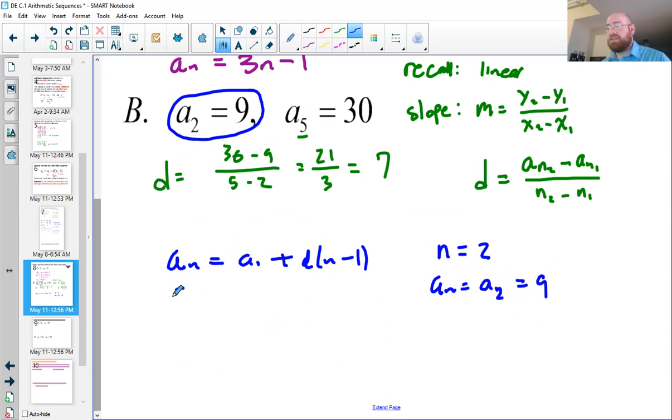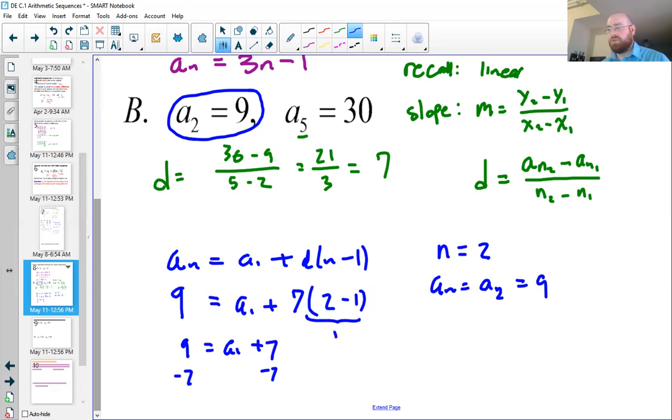So I can plug in 9 on the left side, 7 here for D, and 2 for n. So 2 minus 1 is just 1. So we have 9 equals A1 plus 7. If I subtract 7 from both sides, I get 2 is equal to A1.